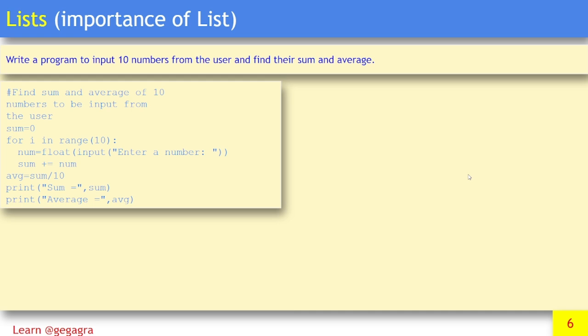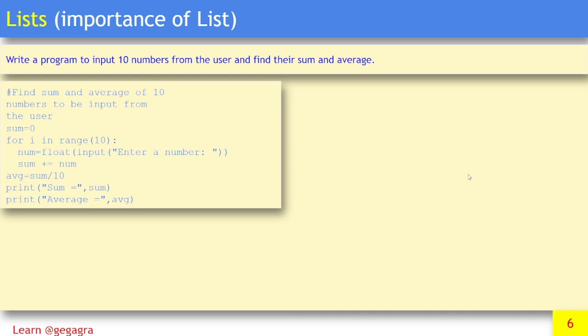If I say print all these numbers which you have entered after printing the average, it is not possible, because at a time num can hold only one value. This way we cannot say that the float values we have entered can be printed after the entire process, or after printing the average or the sum.